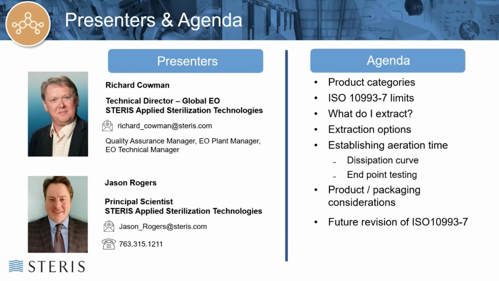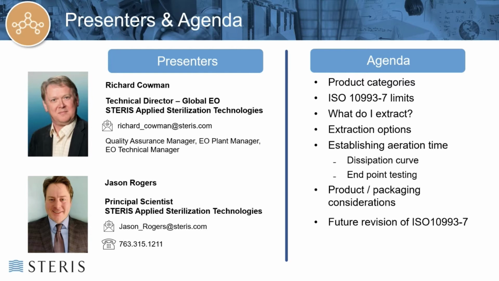Thank you, Ashley. Hello, everyone, and thank you for joining us today for this STERIS Tech Talk about navigating the requirements of ISO 10993-7 for product ethylene oxide and ethylene chlorohydrin residues. In this webinar, we will discuss the different product patient contact categories, the associated category limits, and how those limits are determined.